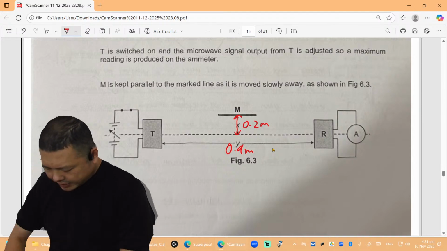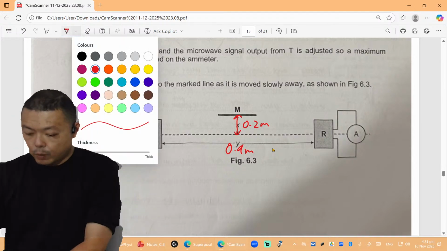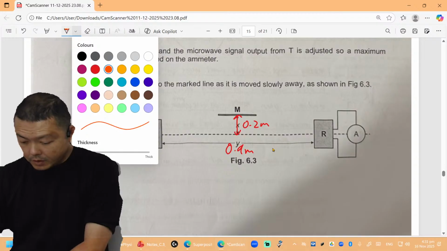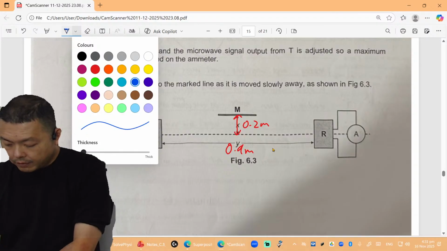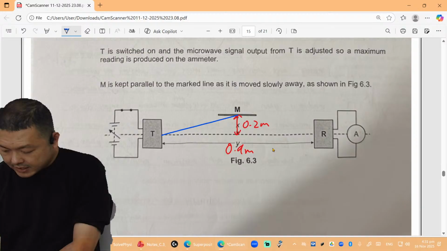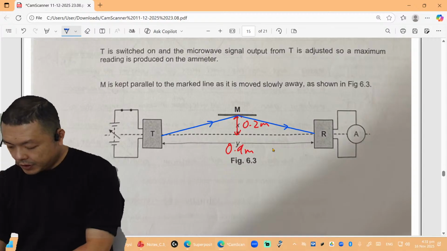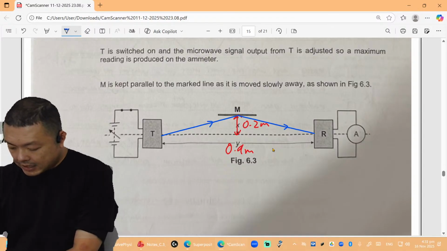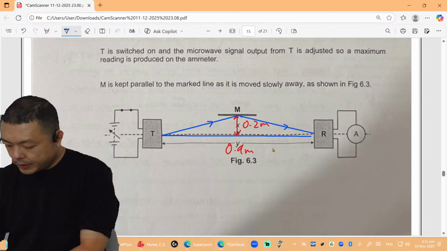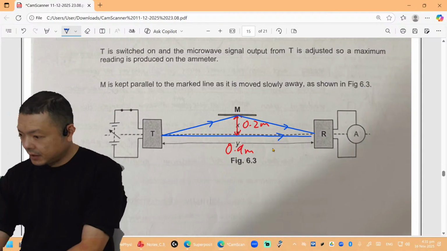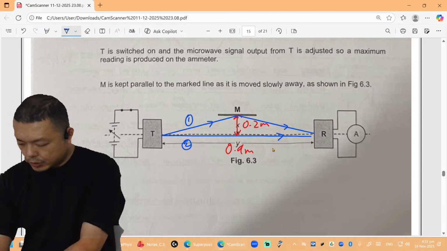So you're suggesting that the wave travels from the transmitter, hits the reflector, and then goes to the receiver R. This is the first source. And then there is another source which travels directly to the receiver. So this is source 1 and this is source 2.